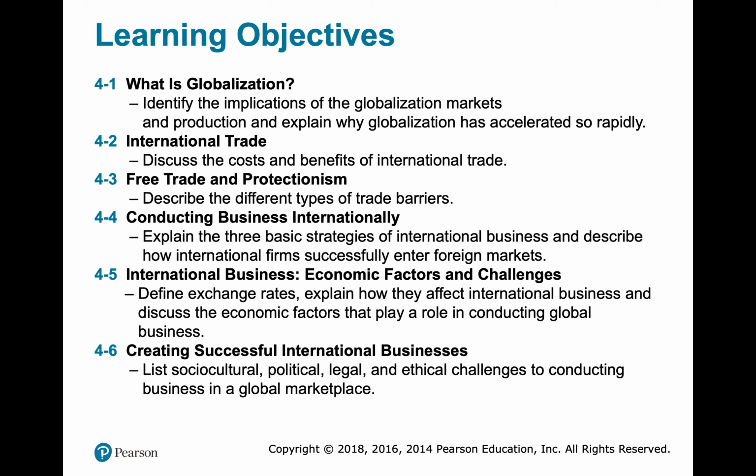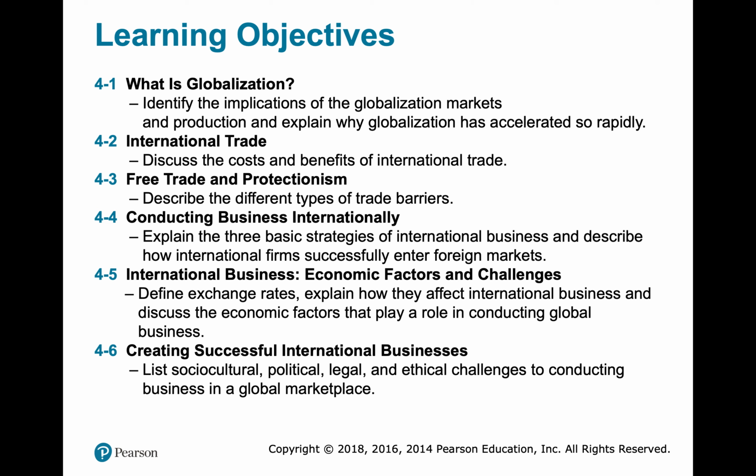Then we're going to discuss international business, and we're going to look at the three basic strategies of international business and describe how international firms typically enter foreign markets and the sequence that they typically go through. It's not always the same for everyone, but there's a typical sequence that we see.